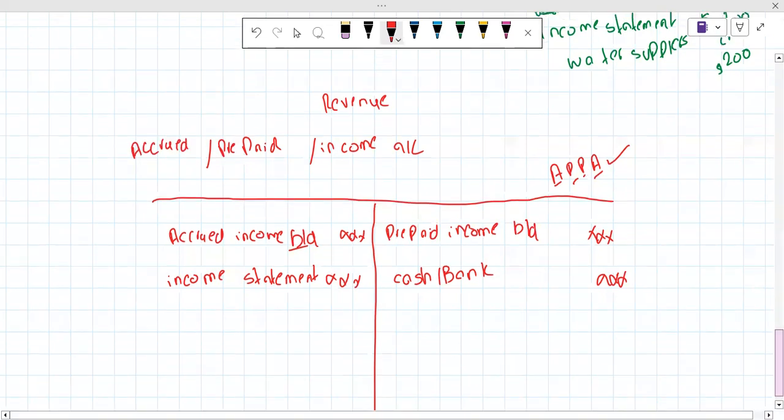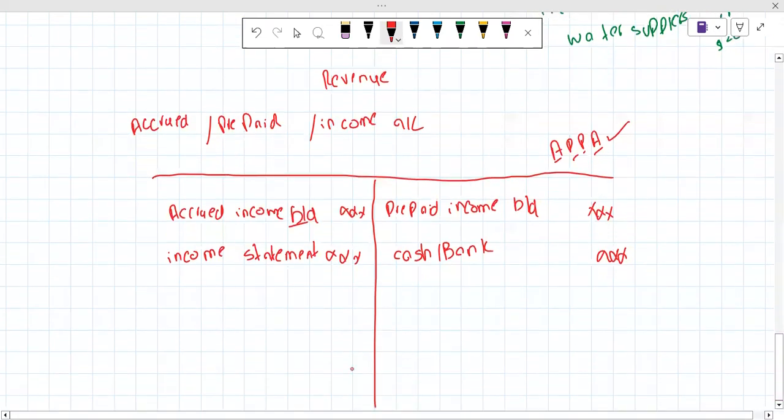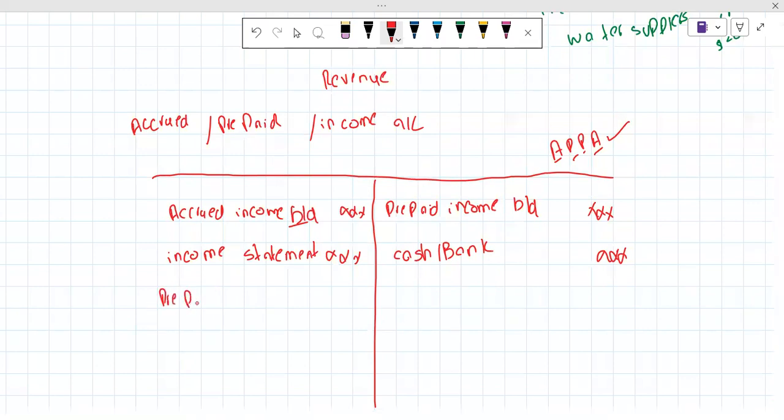And after that, at the end of the year, you have pre-received, like prepaid income. If it is balance c/d, it would come under the debit side. And accrued income balance c/d would come under the credit side.